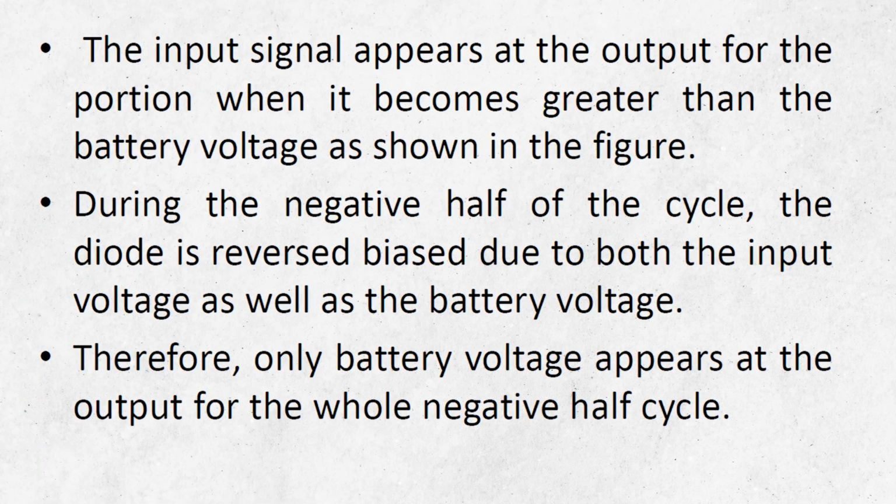The input signal appears at the output for the portion when it becomes greater than the battery voltage, as shown in the figure. During the negative half of the cycle, the diode is reverse biased due to both the input voltage as well as the battery voltage. Therefore, only the battery voltage appears at the output for the whole negative half cycle.